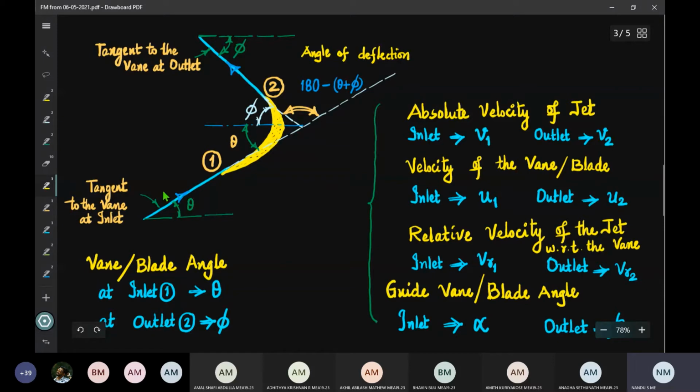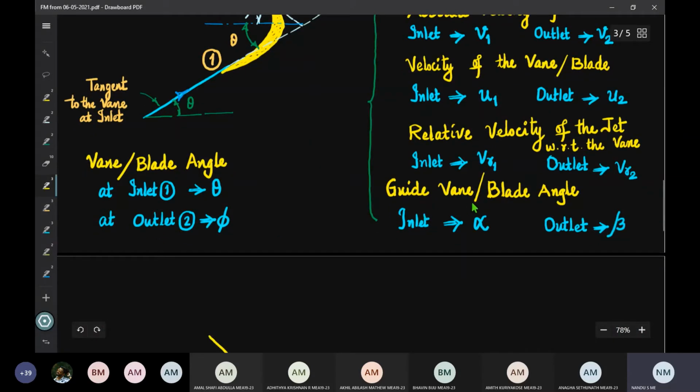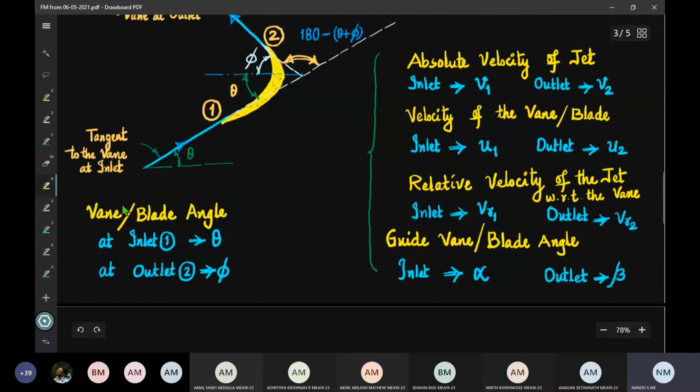The absolute velocity needs proper guiding. And the angle at which the absolute velocity has to strike or come in, so that the relative velocity is along this tangent, that angle is alpha.